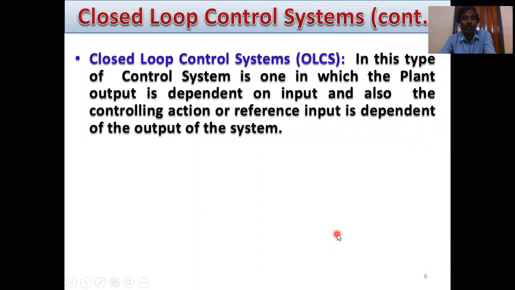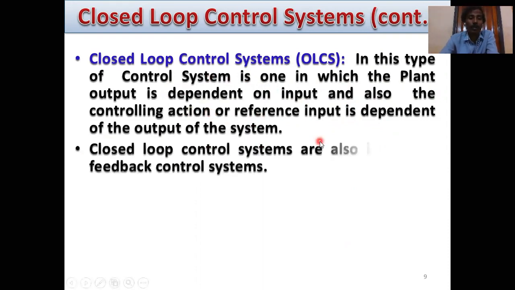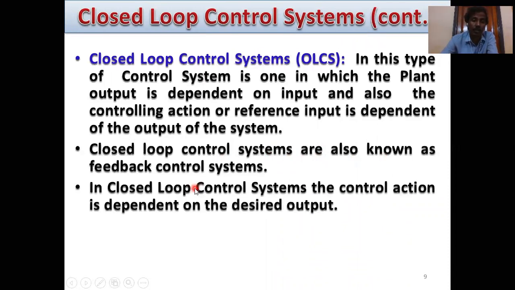And closed loop control system, another definition. This type of control system is one in which the plant output is dependent on the input, and also the controlling action or reference input is dependent on the output of the system. So this is another definition for closed loop control systems. Closed loop control systems are also known as feedback control systems.